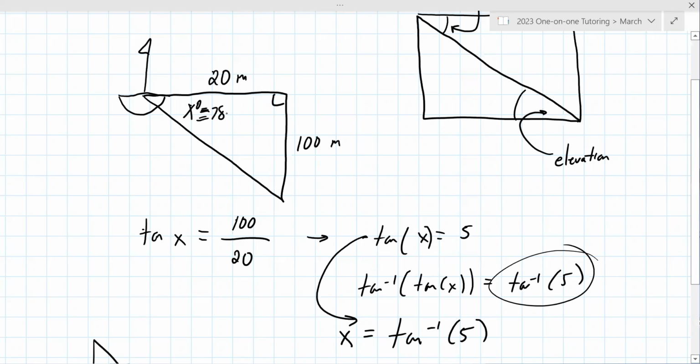Now you can also find the other angle. I know it doesn't ask for it, but that would be potentially helpful. And that would be a squared plus b squared equals c squared, correct? No, the other angle. Oh, my bad. The other side, yes, the other side is a squared plus b squared equals c squared.